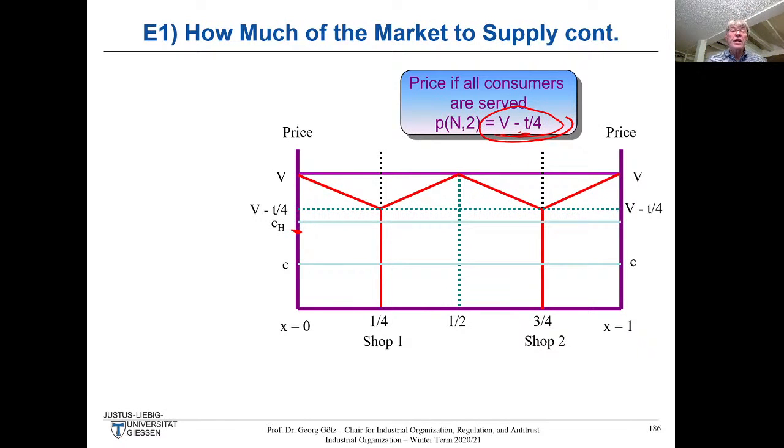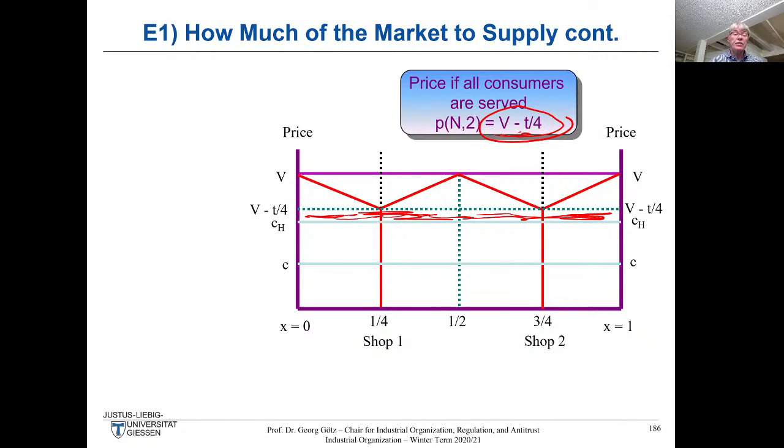This is different if we have very high marginal costs, such as here, because then you see your profit would be only this here, okay? You serve everyone, but you get only a very little profit.